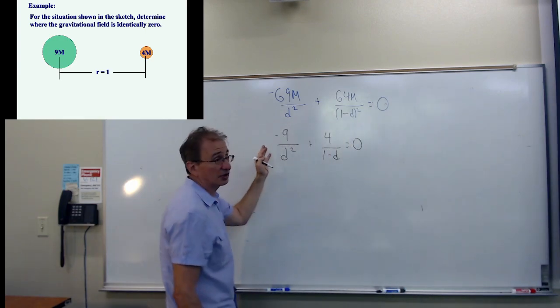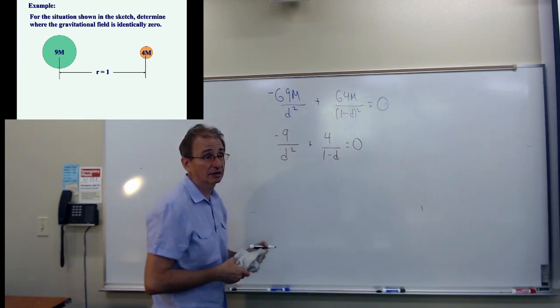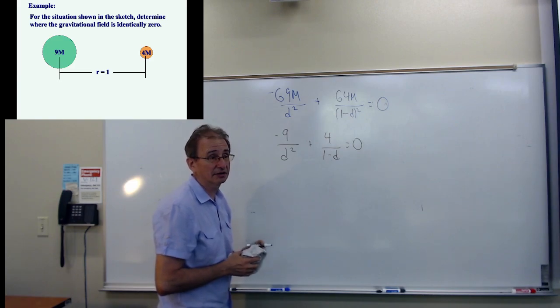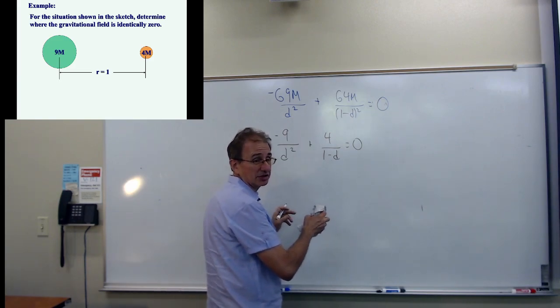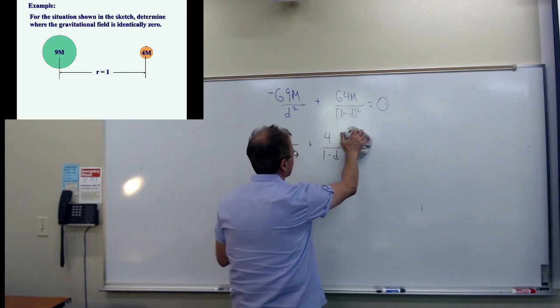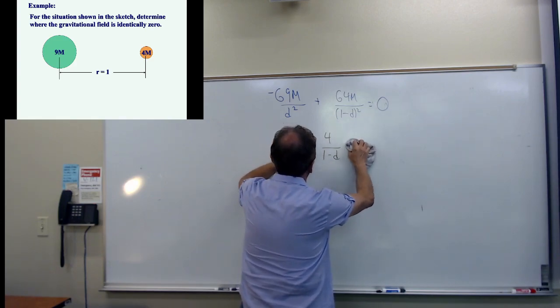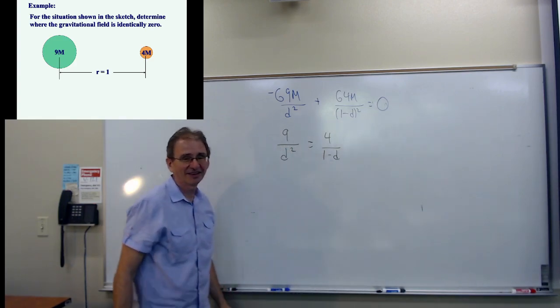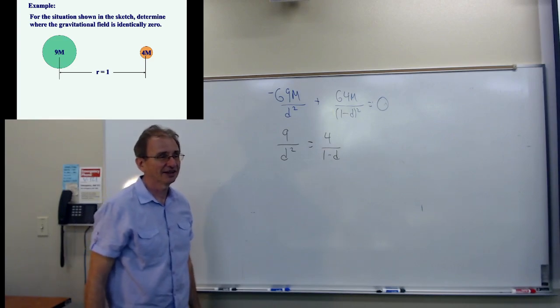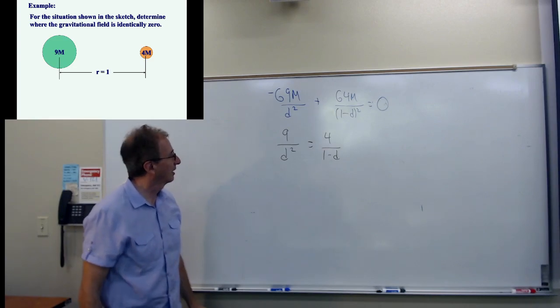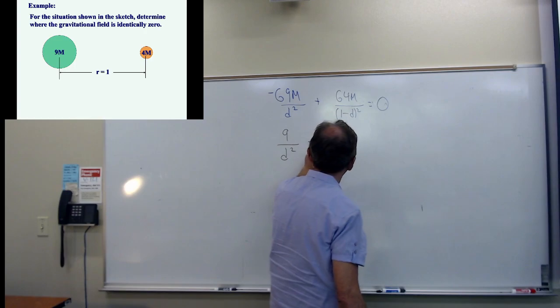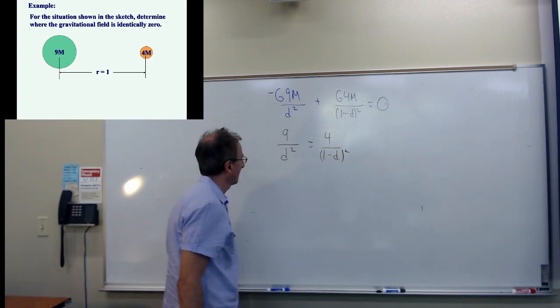Of course, I can move this to the other side of the equation and get rid of the minus sign. Question: is your 1 minus d still under the squared? Yes, it is. Thank you.